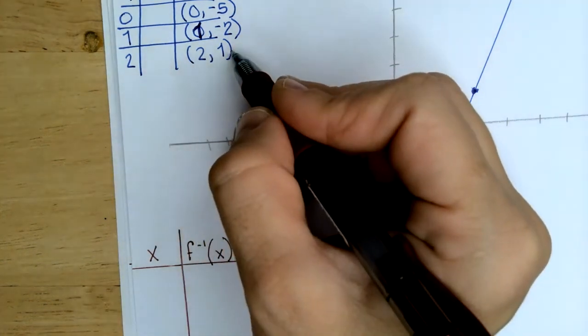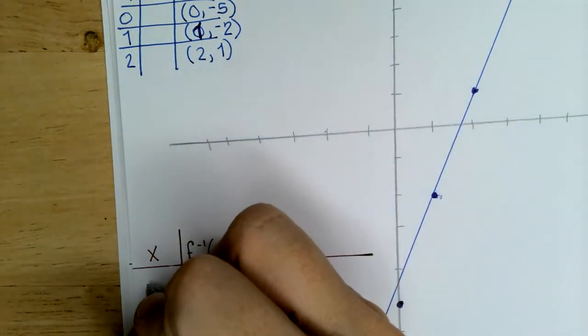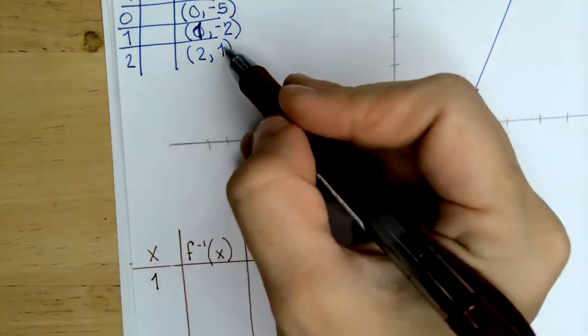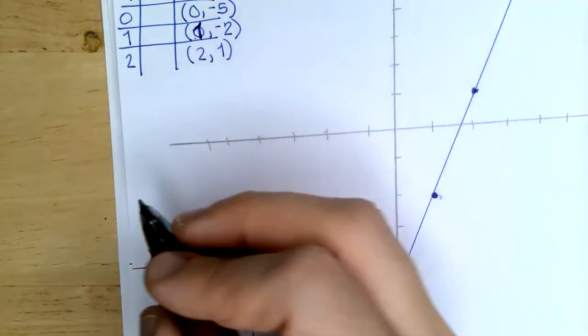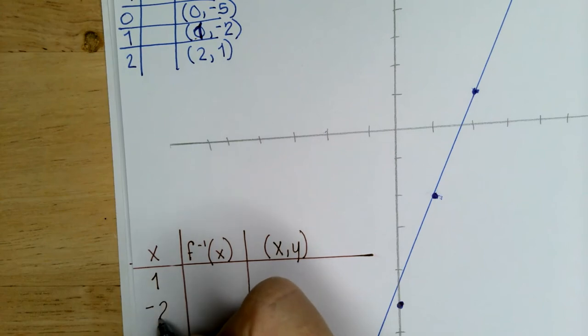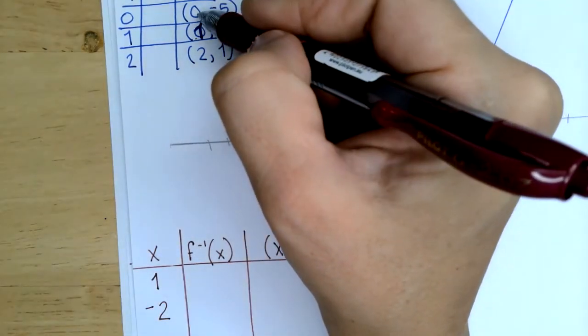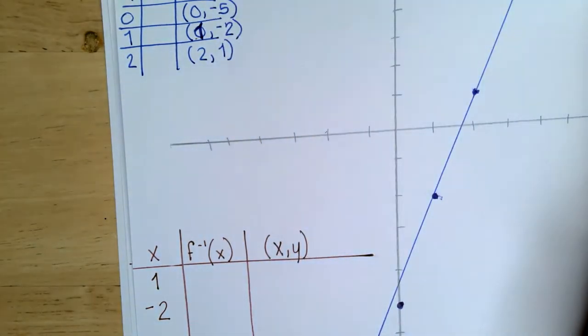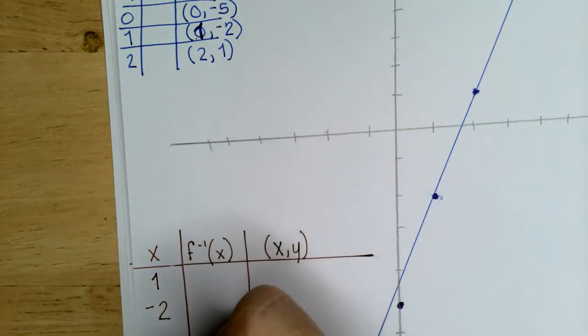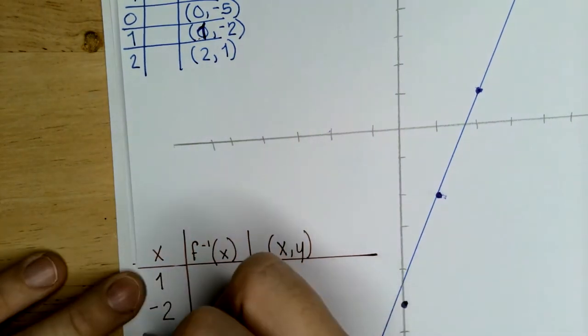I know 2 and 1, so maybe my x should be 1. I know 1 and -2, so maybe my x should be -2. I know 0 and -5, so maybe my x should be -5. Good?